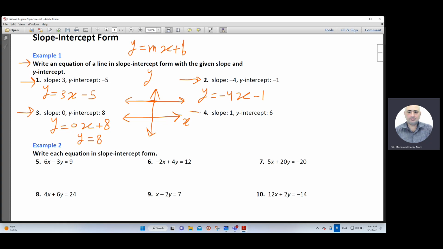Right. Try to solve number 4, please. y equals 1x plus 6. Excellent, Isa. 1x means x, so y equals x plus 6. Great work.